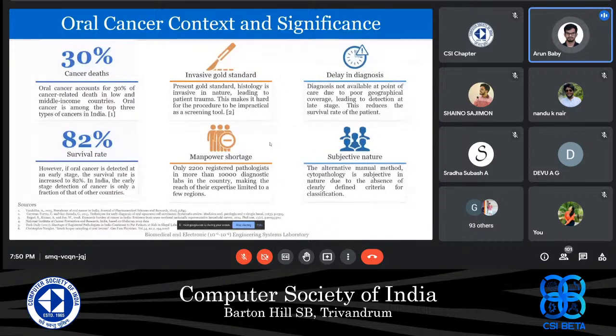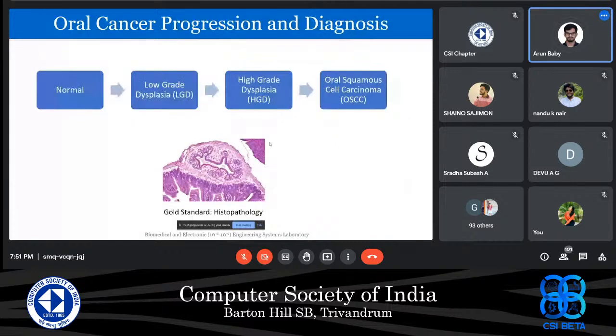So the pathologist cannot easily come to a conclusion just from the cells, and they will have to look at a lot of cells to arrive at one. So this calls for an AI solution where you can detect oral cancer.